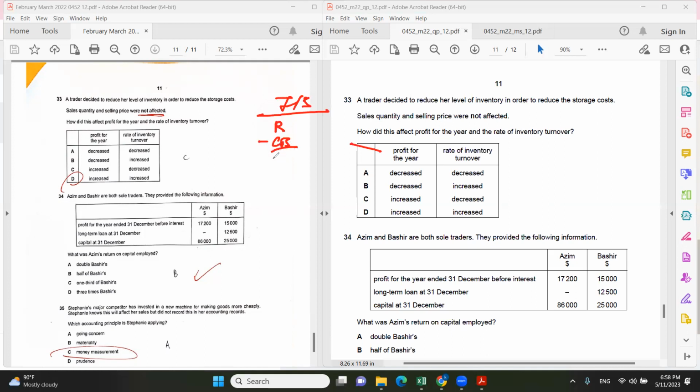The cost of sales component, we have opening inventory, purchases minus closing inventory. Then we get gross profit, we minus expenses, we get the profit. Whereas rate of inventory turnover, we have cost of sales over the average inventory. Okay, divide by 2. This one you have to take the opening plus the closing, divide by 2.